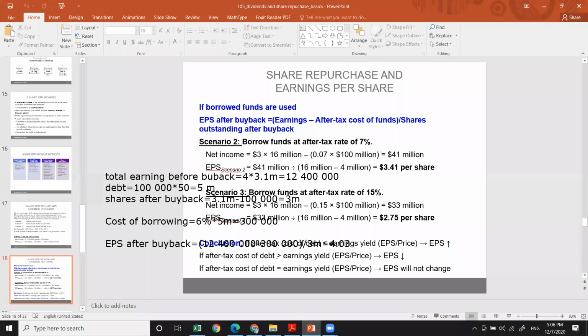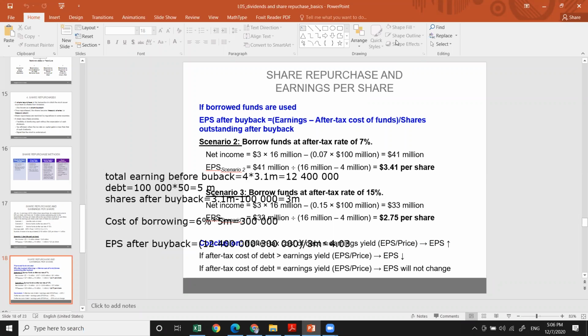As you can see, if the after-tax cost of debt is more than your earnings yield, then EPS goes down. If after-tax cost of debt is less than earnings yield, your EPS is expected to go up.